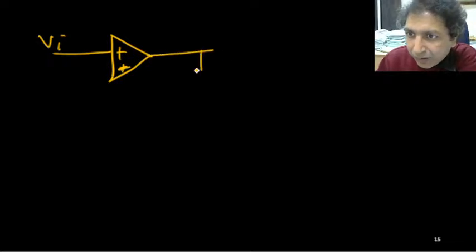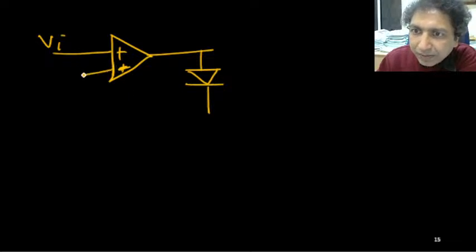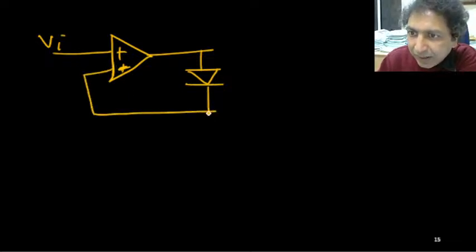Now you can see this op amp, I am considering this is positive, this is negative. Here Vi is applied, one diode is connected there, and this is connected here, and then one load is connected.